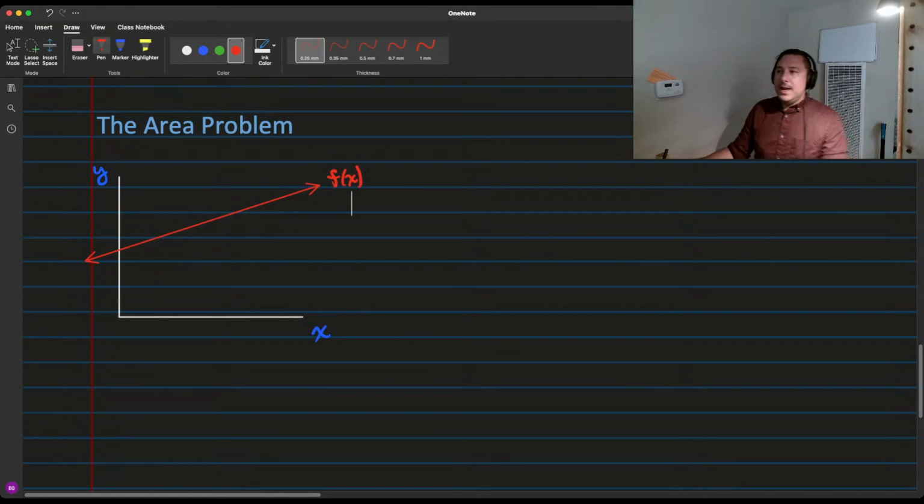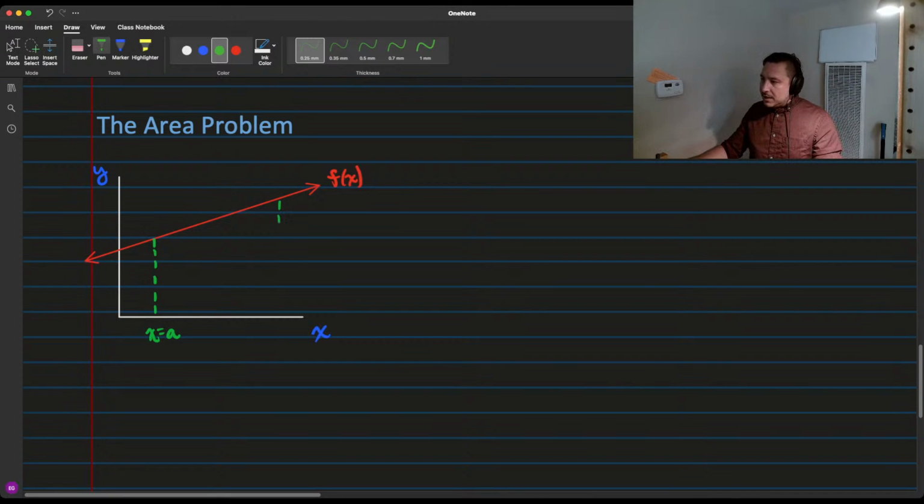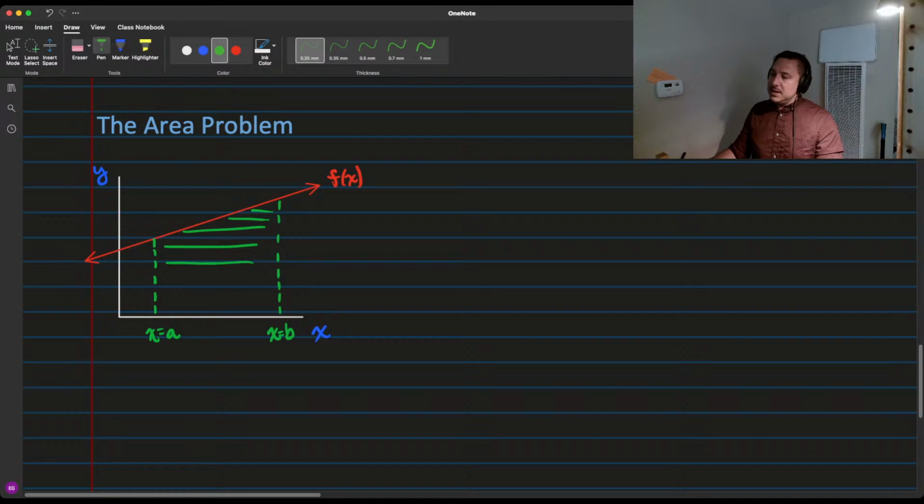And let's say that right here is x equals a, and right over here is x equals b. What we want to know is this area bounded here.